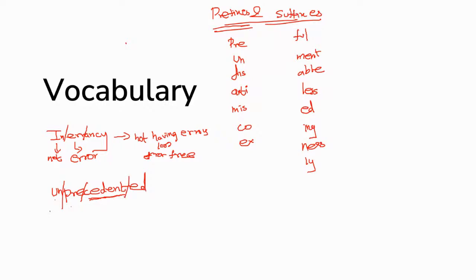So un means not or never, pre means before, and cedent means in time.